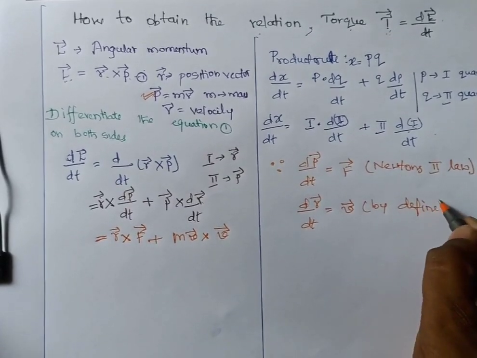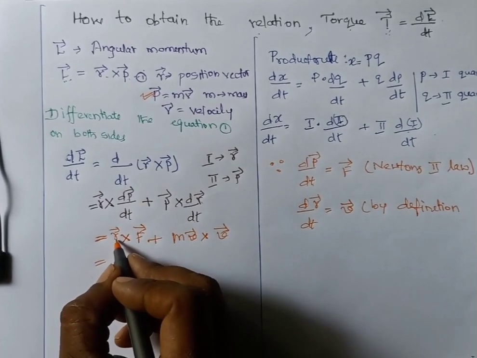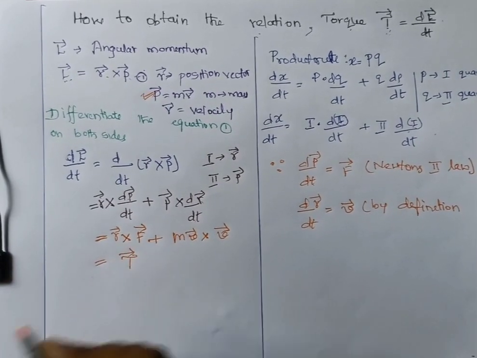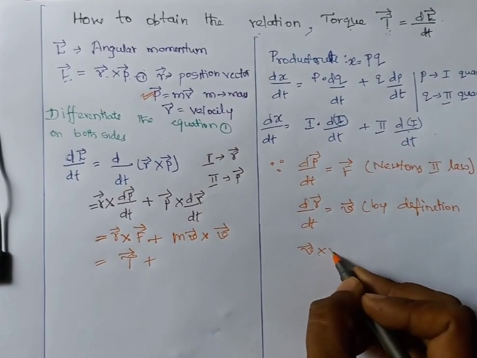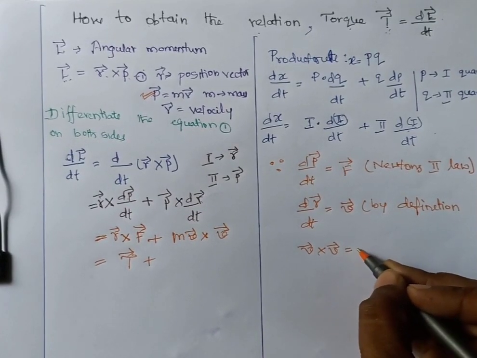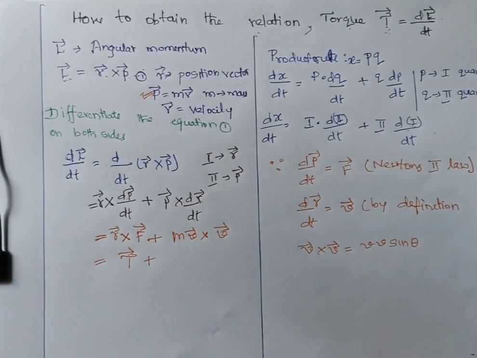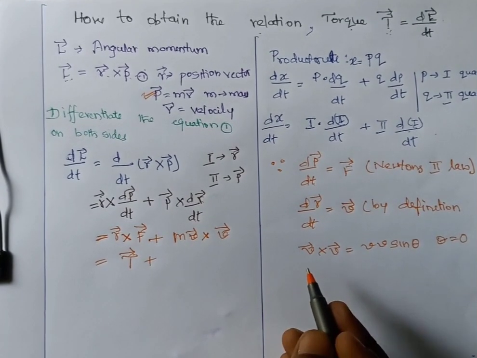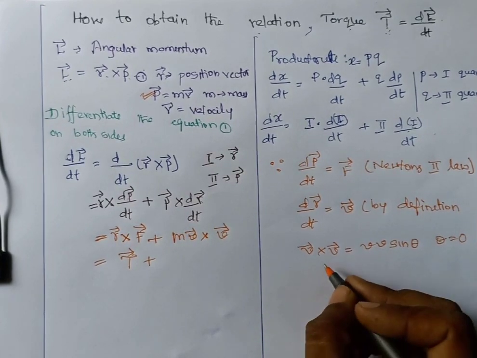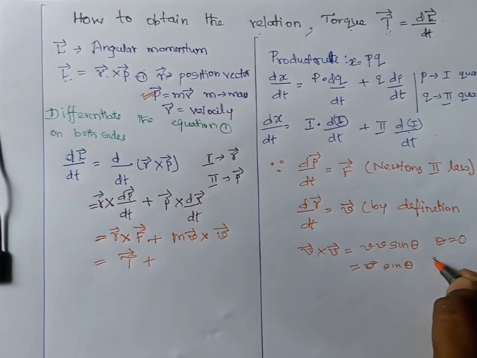Here the first term is vector tau, plus this quantity, vector V cross vector V. If we expand that cross product of two vectors, it is V squared sin theta, and theta is 0 because the vectors are parallel.